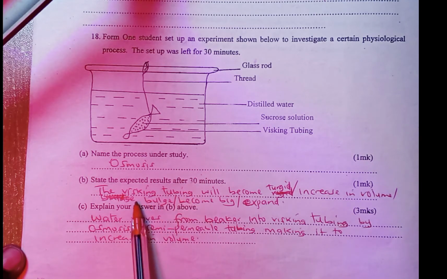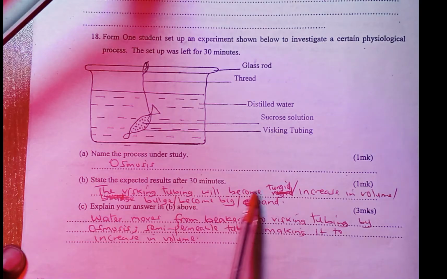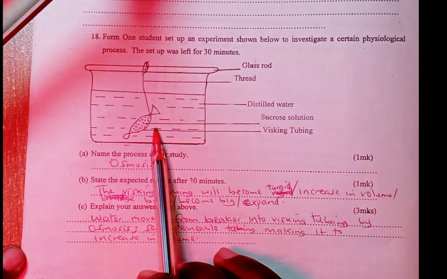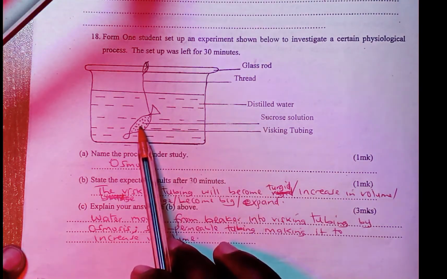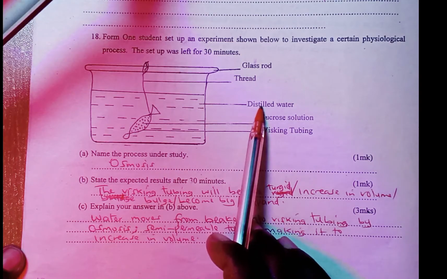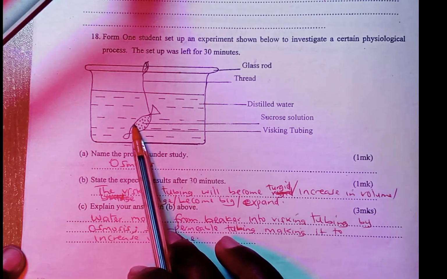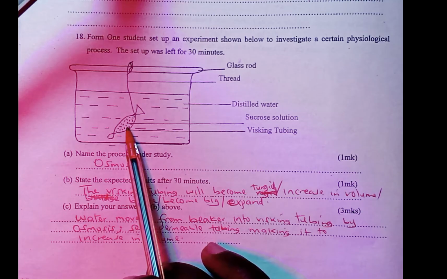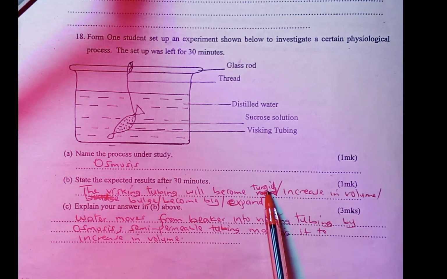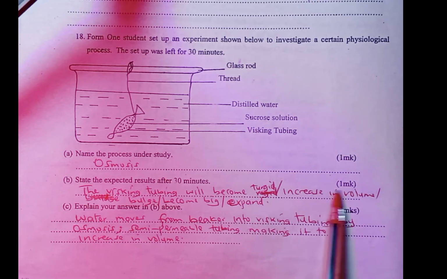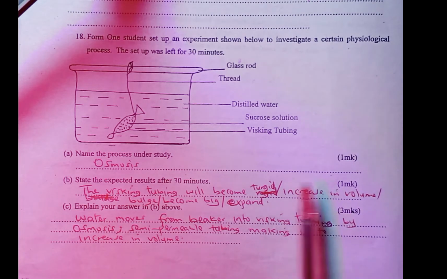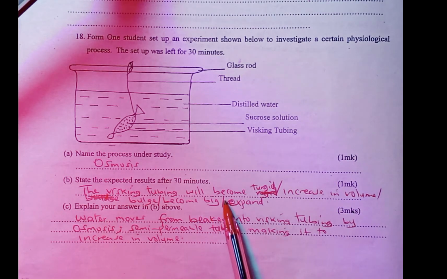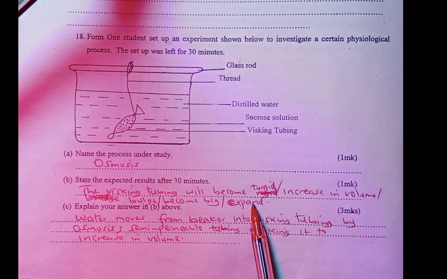1, the visking tubing will become turgid. Why? Remember, the sucrose solution is in the visking tubing, and therefore water will move into the visking tubing by the process known as osmosis. The visking tubing will become turgid, i.e. increase in volume, or simply bulge or become big. We can also use the word expand.